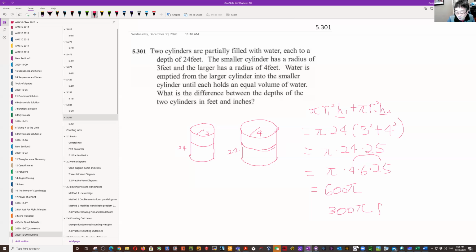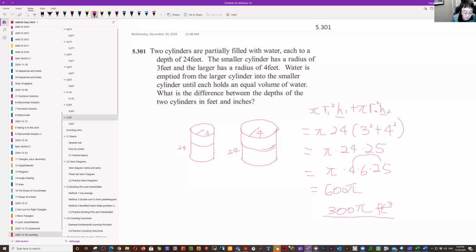cubic feet. So basically we use this volume as a target to find the depths of cylinder 1 and cylinder 2, then do a subtraction. So it's a very straightforward calculation.